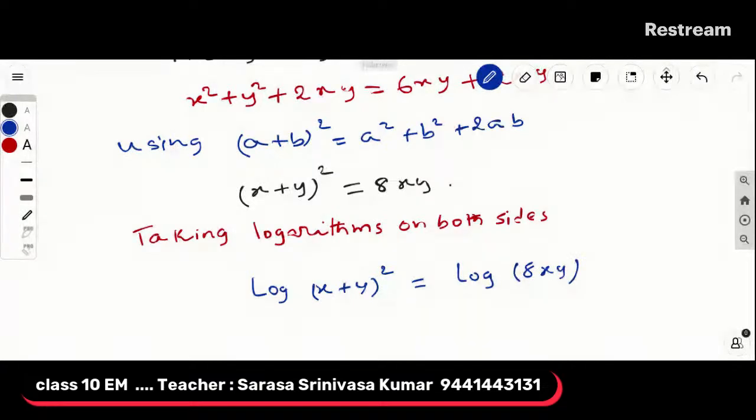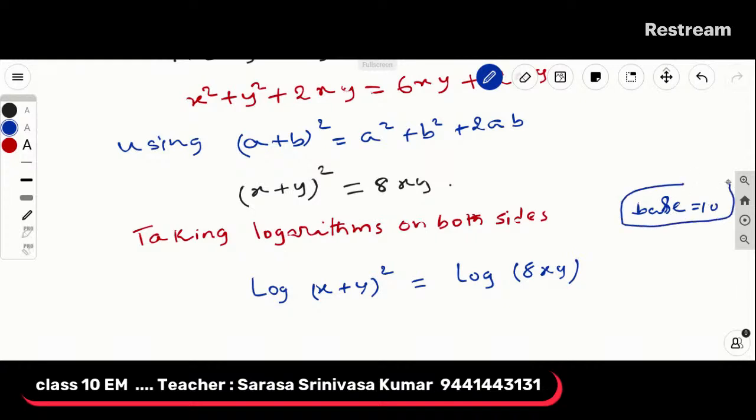Students must remember, whenever we consider logarithm in class 10, we take the base as 10. If another value is mentioned, then only we consider another value for base. So in all the cases, we consider base equal to 10.